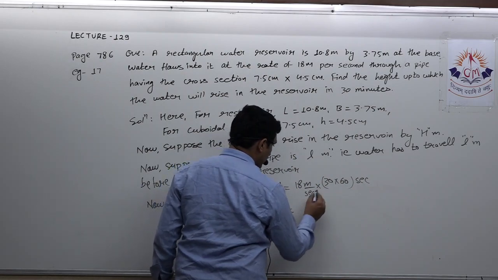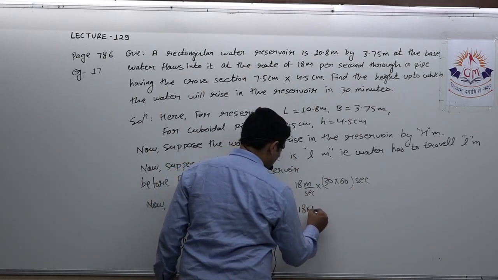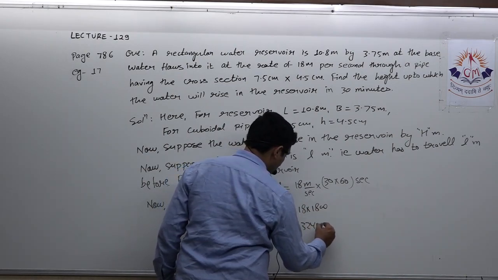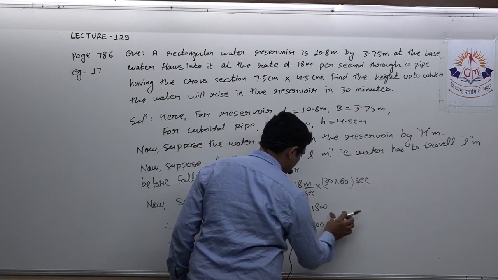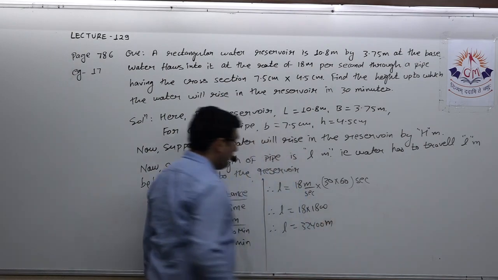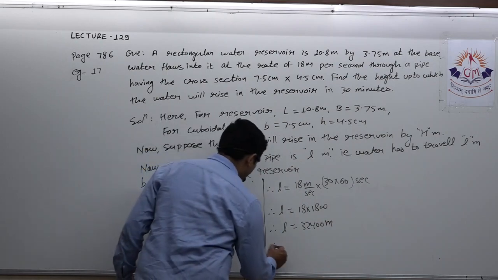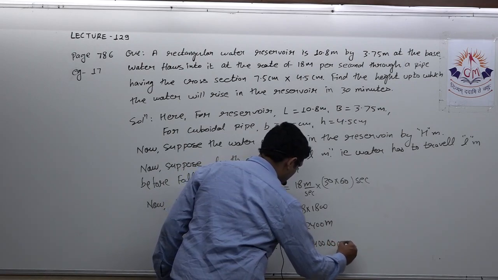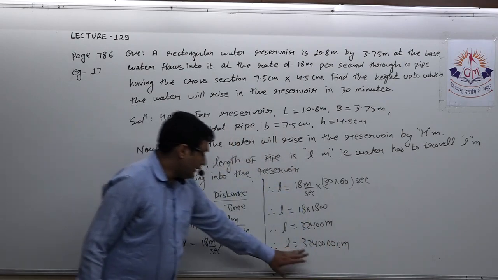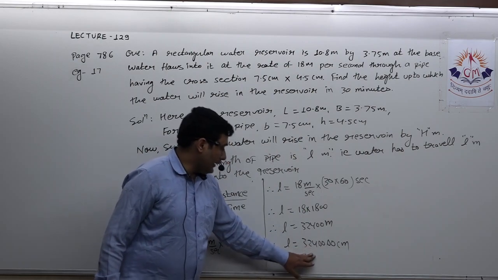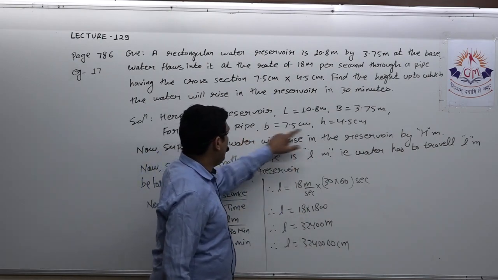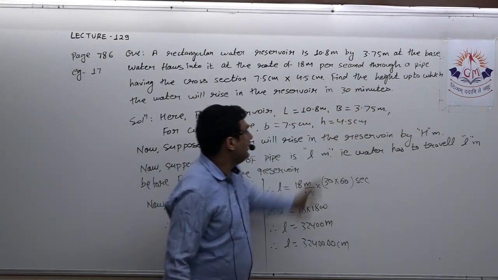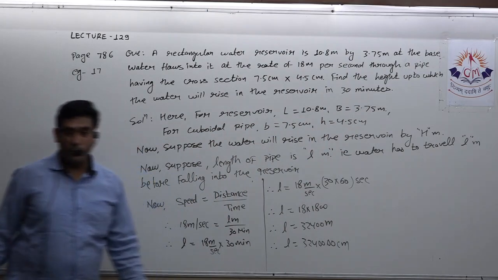Therefore L is equal to 18 into 1800, and hence L is equal to 32400 meters. This is the length of the pipe in meters, or I can say L is equal to 3240000 centimeters. So now I got the length of the pipe in centimeters. B and H are already in centimeters, as well as here we have these two things in meters. So note it down up to this point.